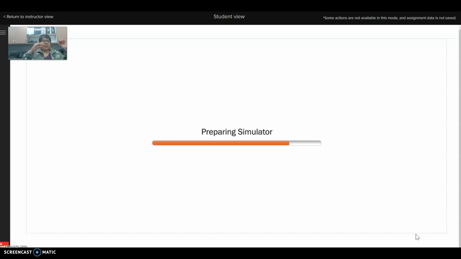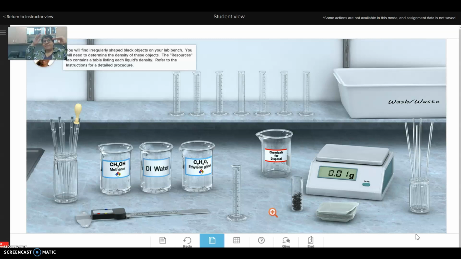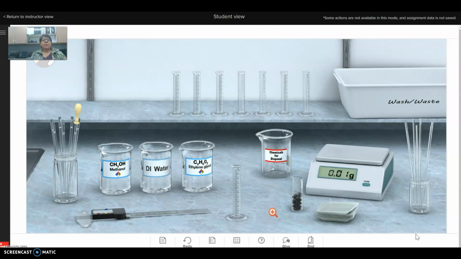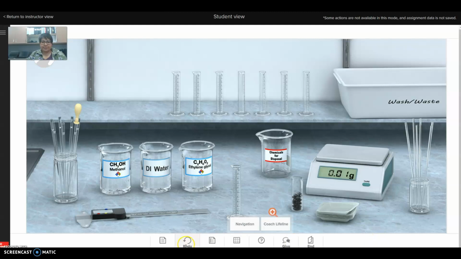If the liquid's density is higher than the object's, the object will float. If the object has a greater density than the liquid, it will sink. So you can tell what the comparison is between the densities, and that's what you're going to be doing in this activity.